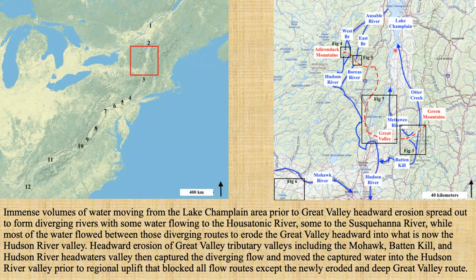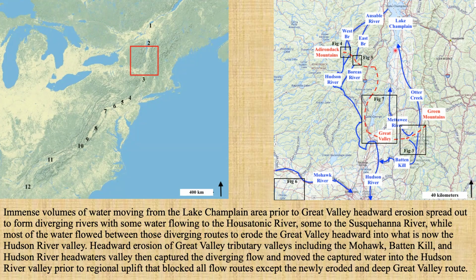This is a complex of diverging and converging valleys, and it's very hard to explain those valleys across the drainage divide unless the erosion of those valleys all began at approximately the same time.